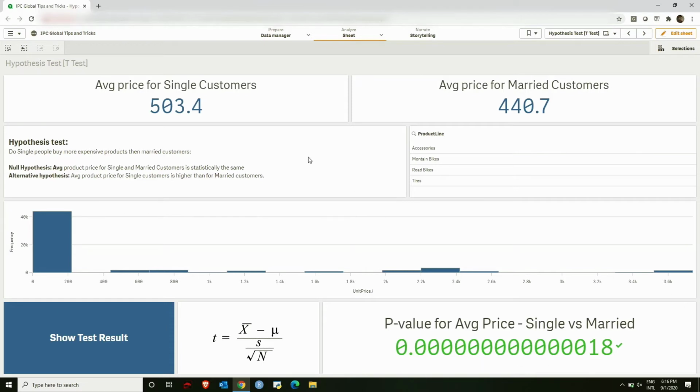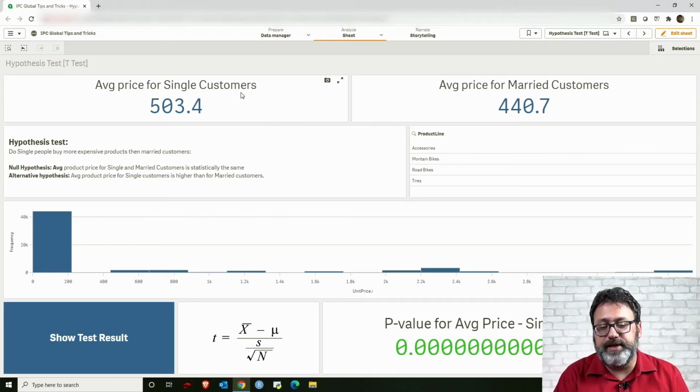So that means the difference is significant enough so we can make that claim. We have good evidence for that claim. It means that this is the probability that this difference is because of random effects, not because of the marital status.